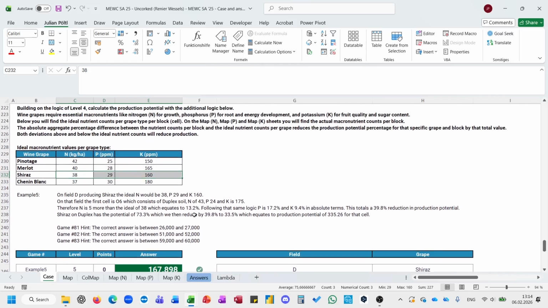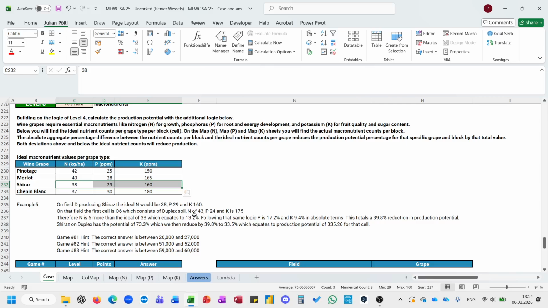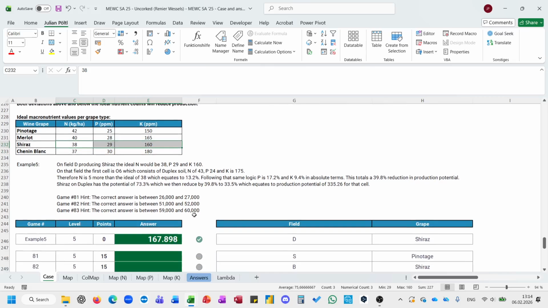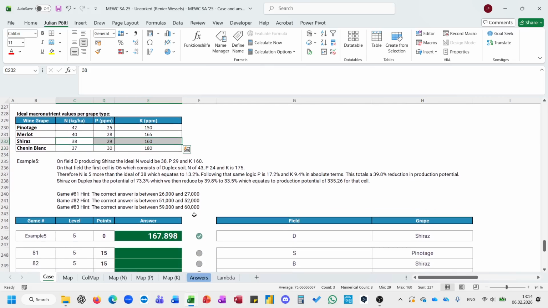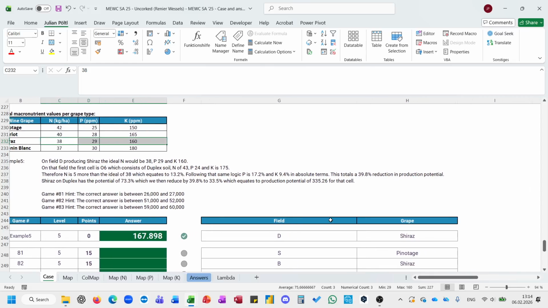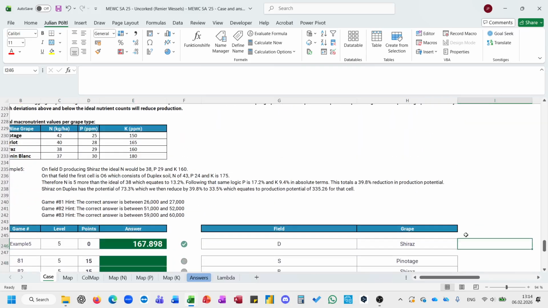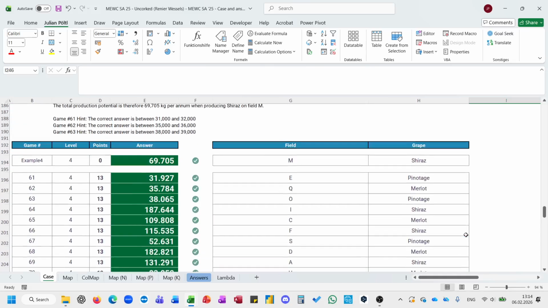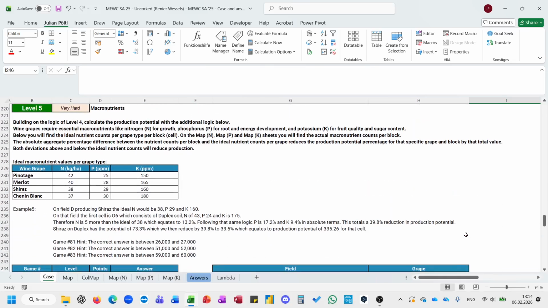Okay, so we basically want to aggregate the percentage difference. Okay. Oh, is this also important? Too much information for me to comprehend.